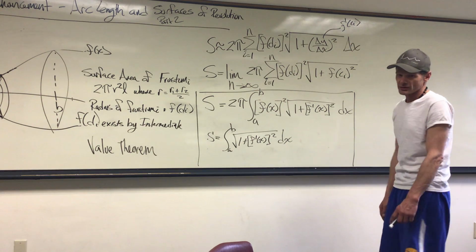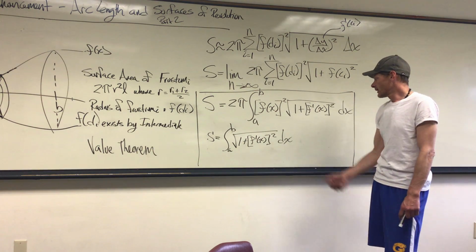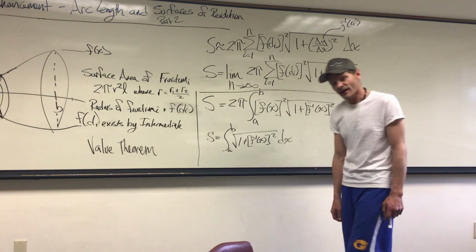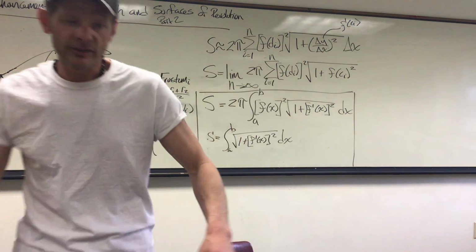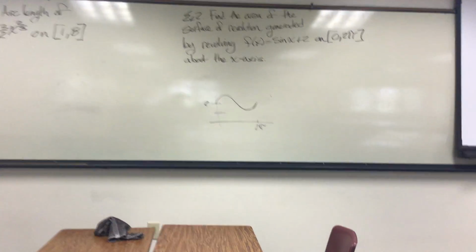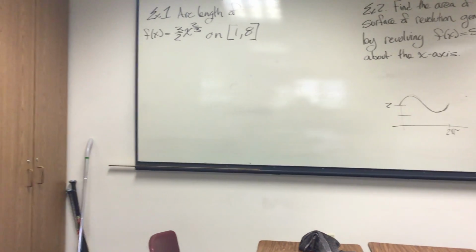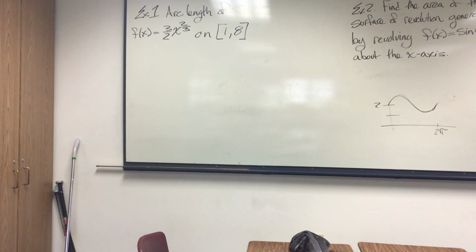If these look like complicated expressions to you, they are, and they're not very easily dealt with. So I'm going to give you 2 examples, but I went to GeoGebra to do them. Look at the first one there, 3/2 times x raised to the 2/3.